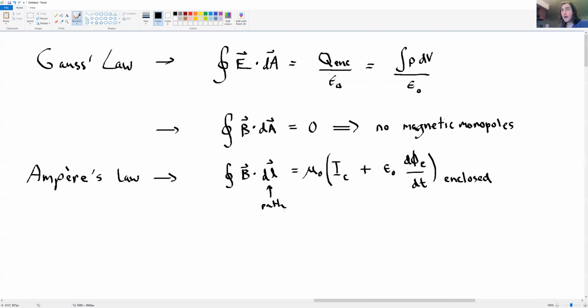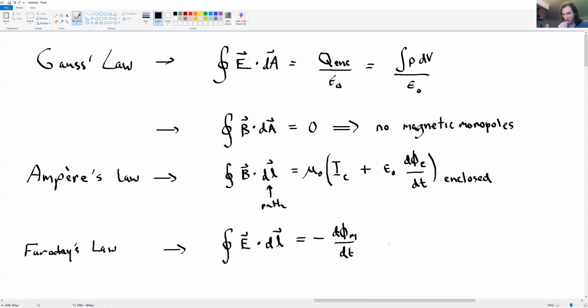Okay. Last one is Faraday's law. And Faraday's law says, in integral form, that the integral of E dot dl is equal to minus d phi m dt.